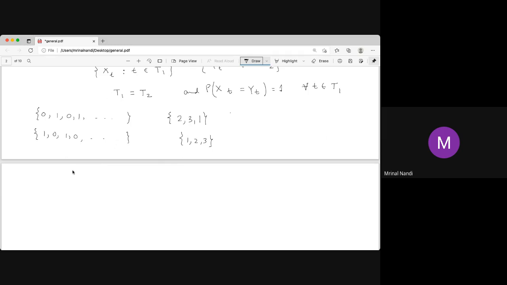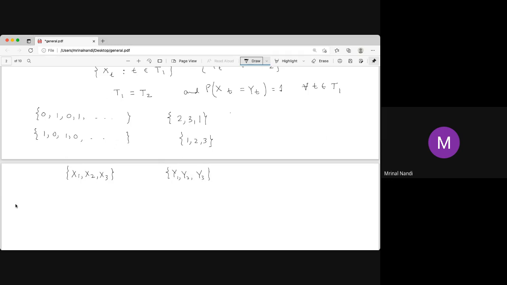So if there is a collection, say x1, x2, x3, only three elements, and another collection y1, y2, y3, the question is whether these two are equal. How do you check? Is it like this: X1 equals Y1 with probability 1, X2 equals Y2 with probability 1, X3 equals Y3 with probability 1, or it may be X1 equals Y1 with probability 1, X2 equals Y3 with probability 1, and X3 equals Y1 with probability 1.